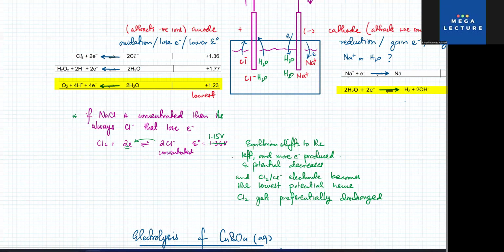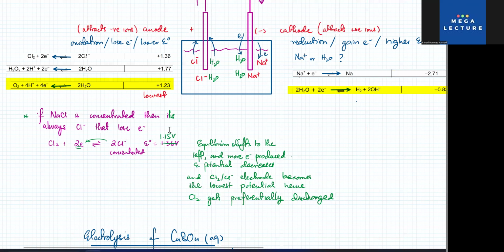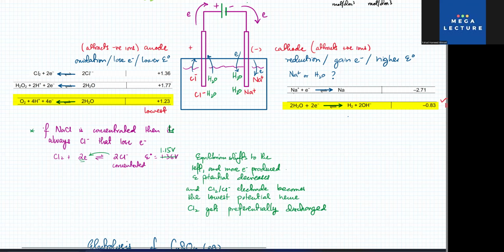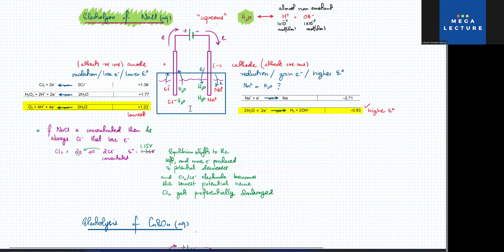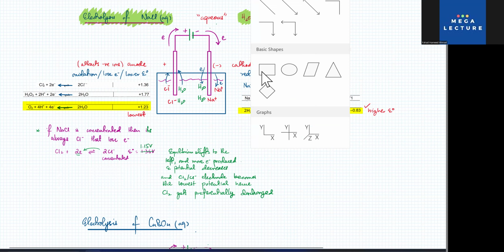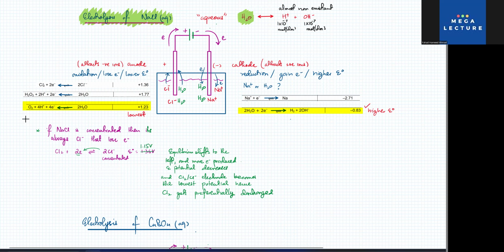So remember this, they're going to ask you about this. The previous thing is pretty easy: you look at the species that you have in your solution. The higher one gains electrons at the cathode, and the lower one on the other side loses electrons. But if NaCl is concentrated, then it's always Cl that's getting discharged. Why?